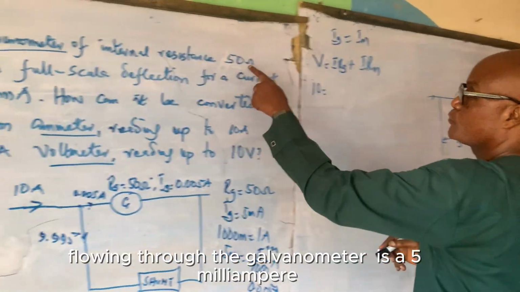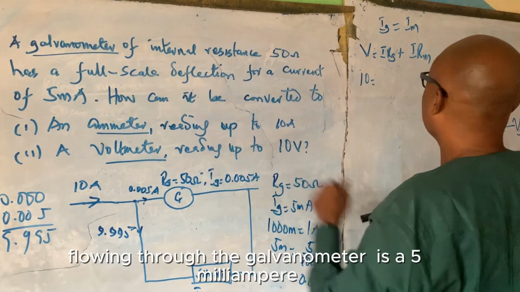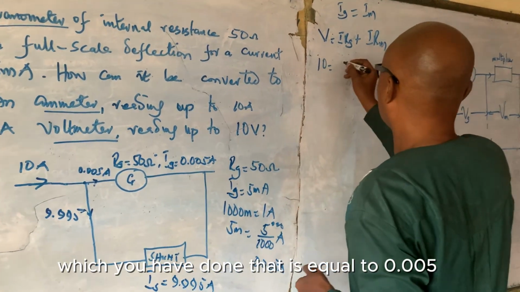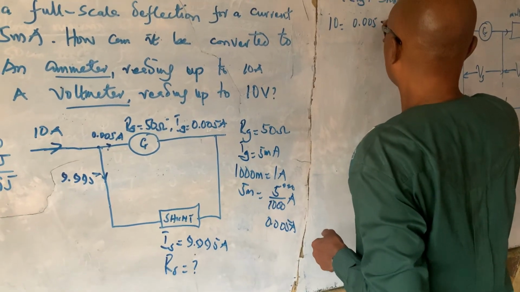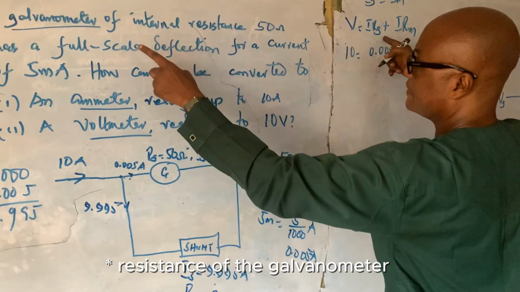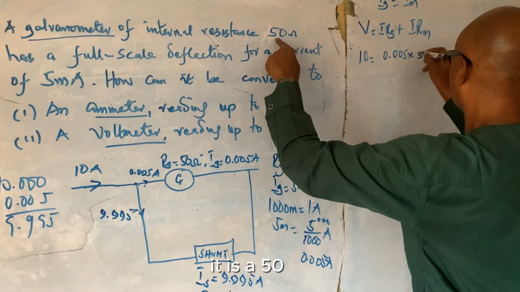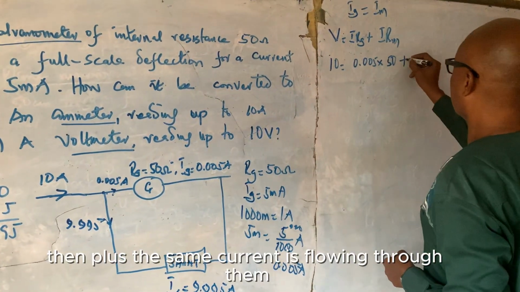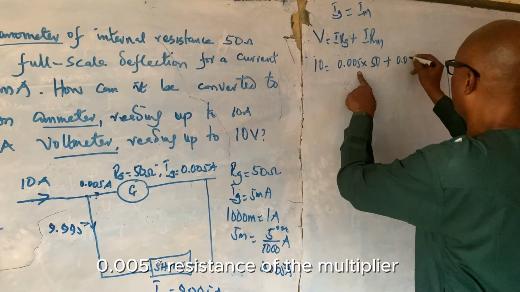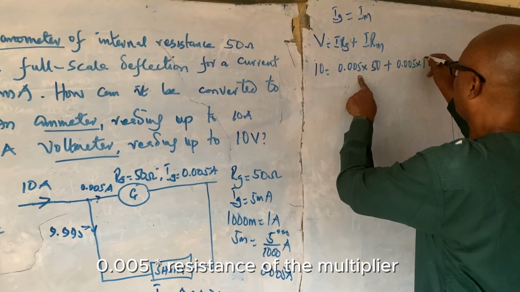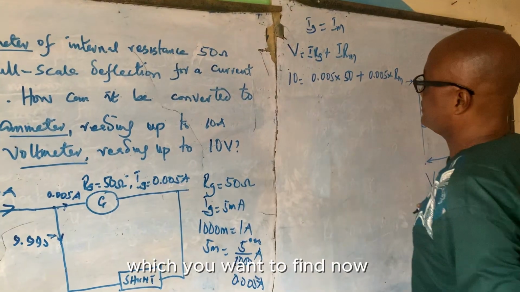The current flowing through the galvanometer is 5 milliamperes, which we have done. That is equal to 0.005 times the resistance of the galvanometer, which is 50, then plus the same current flowing through them, 0.005 times the resistance of the multiplier, which we want to find.